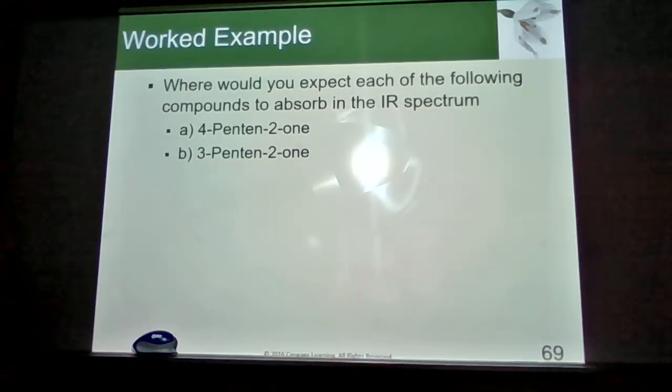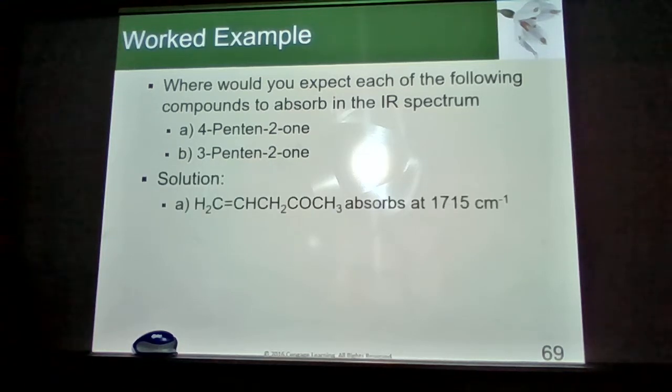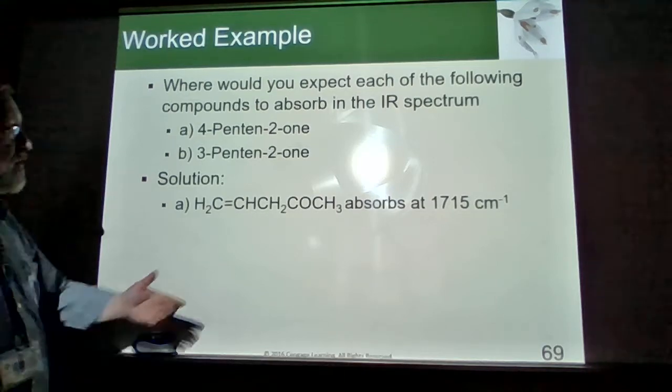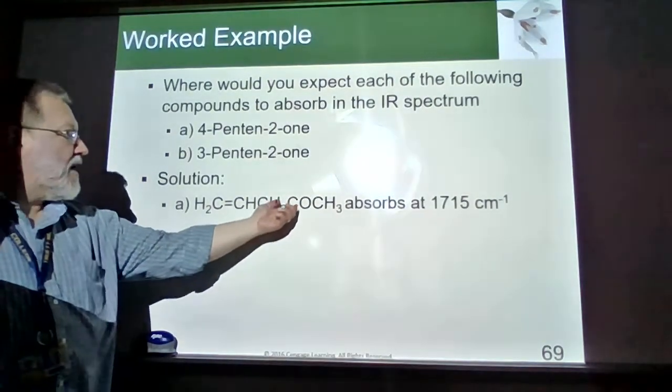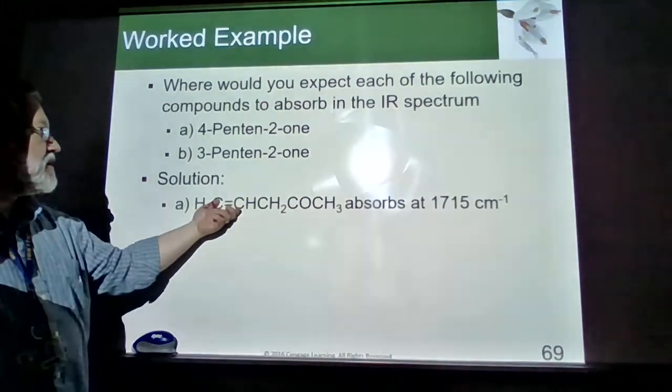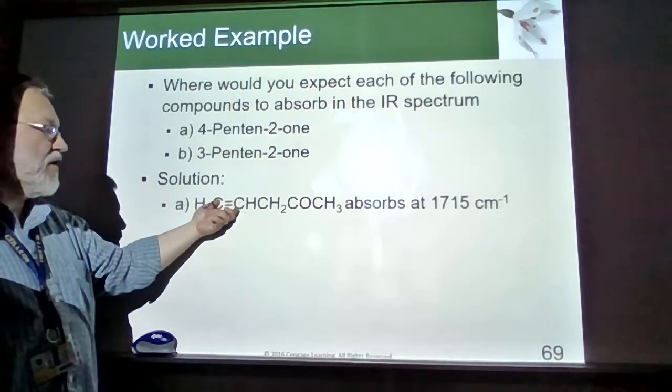So where would you expect to find the C double bond O in the IR of each of these compounds? 4-pentene-2-one and 3-pentene-2-one. So here we have a C double bond O. Is it conjugated to this double bond? No, it's not.